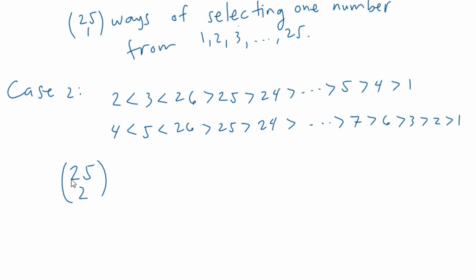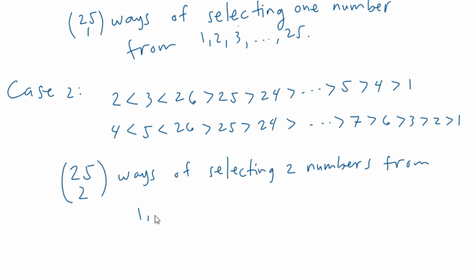So there are 25 choose 2 ways of selecting two numbers from 1 to 25. So these two numbers will be placed to the left of 26, and the rest of the numbers not selected to the right of 26.